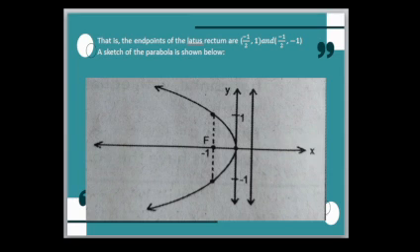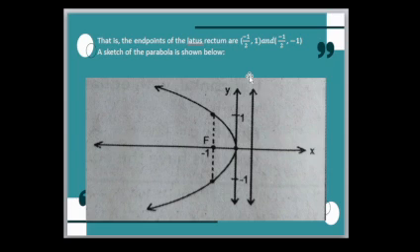So, okay, we have our focus at -1/2 and 0. Our latus rectum endpoints are -1/2 and 1, and -1/2 and -1.